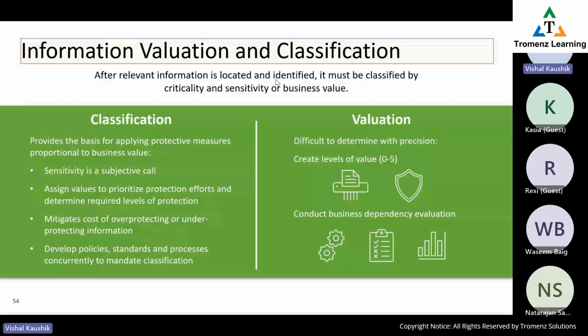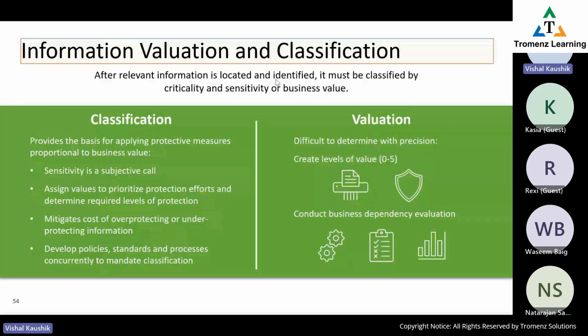Oh, good. Again, when you classify, if the classification is done correctly, then it also mitigates the cost of overprotecting unimportant information, and addresses the risk of underprotecting high-value information.